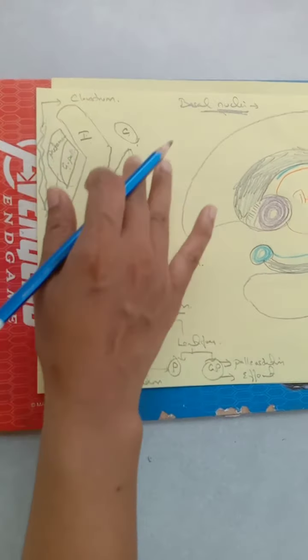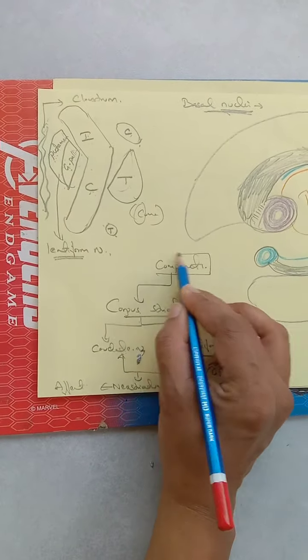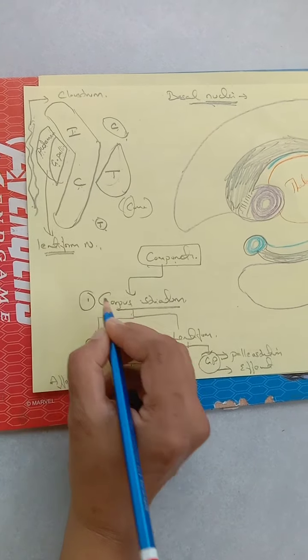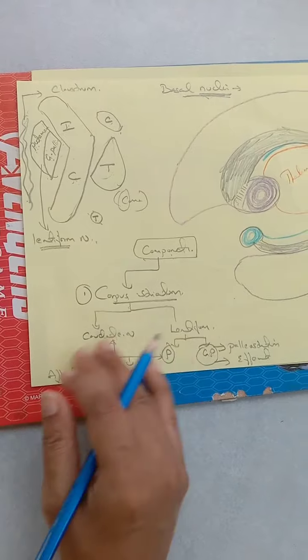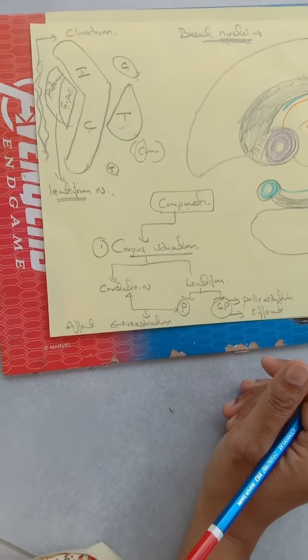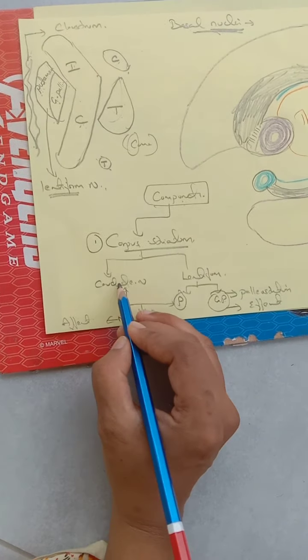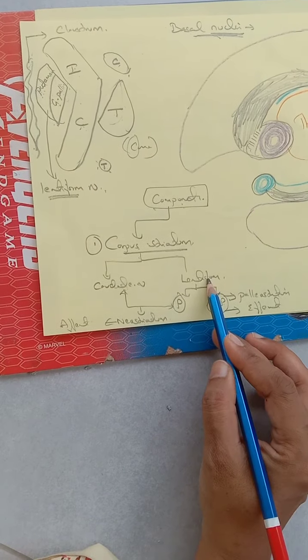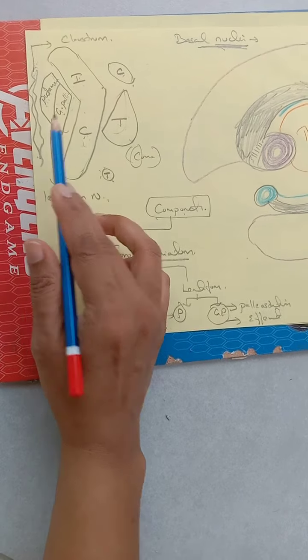Now, after knowing this, you need to know what the components of basal nuclei are. Mainly, the first component is called corpus striatum. Corpus striatum has two parts: caudate nucleus, comma shaped, and lentiform nucleus, lens shaped.